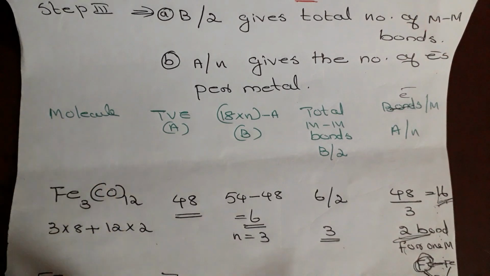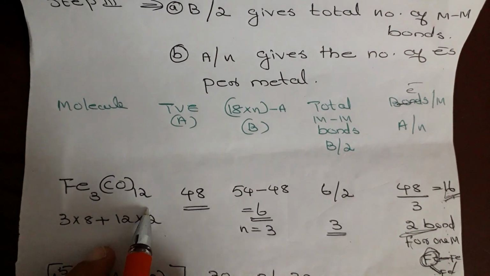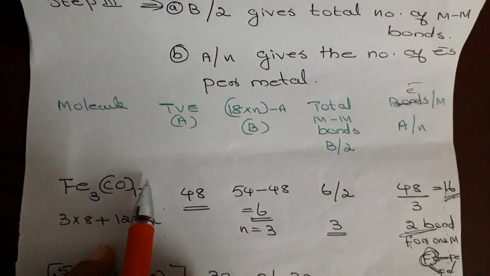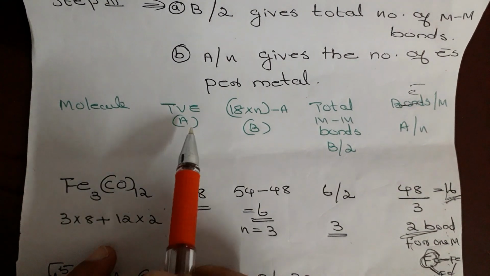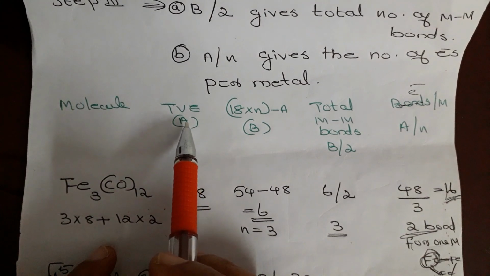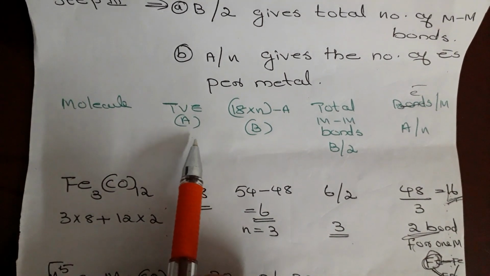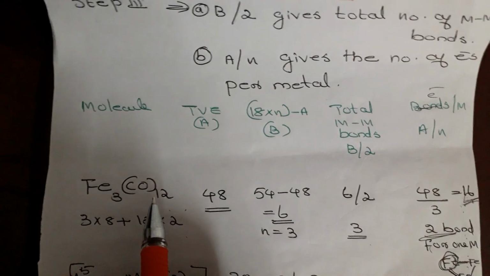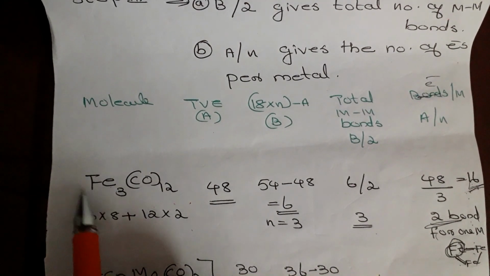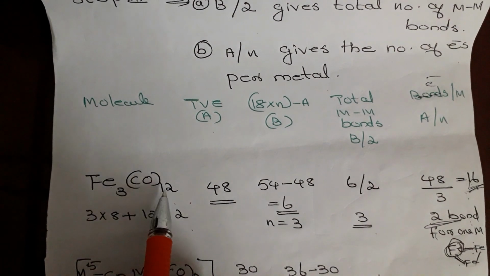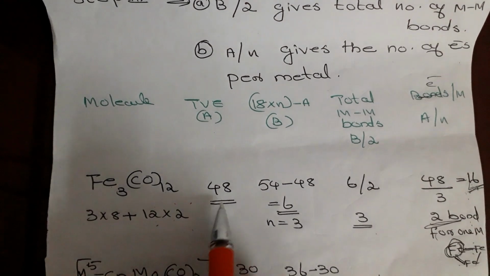Here you see Fe3(CO)12. We have to calculate how many metal bonds are here. First calculate the total valence electrons, that is A. By the neutral atom method, Fe has 8 outer shell electrons, so 3 into 8 plus 12 into 2, that is 48.